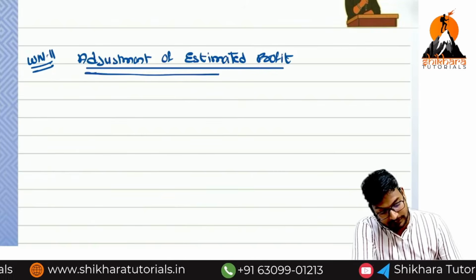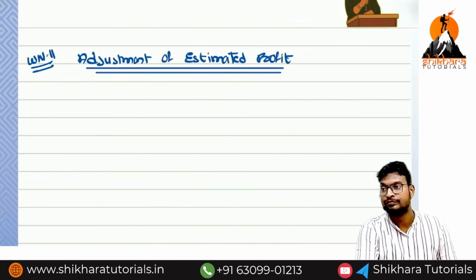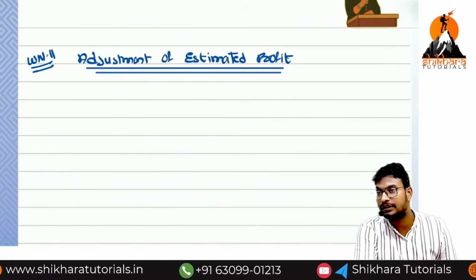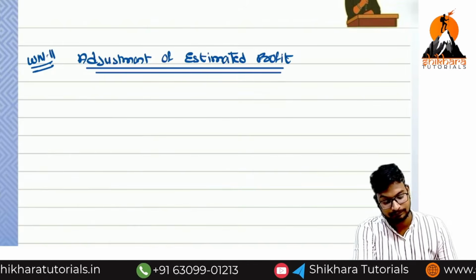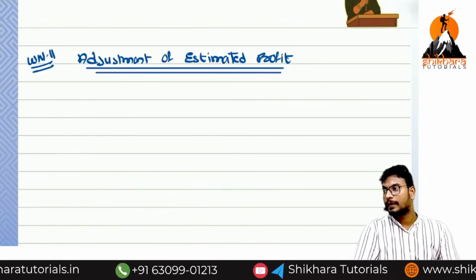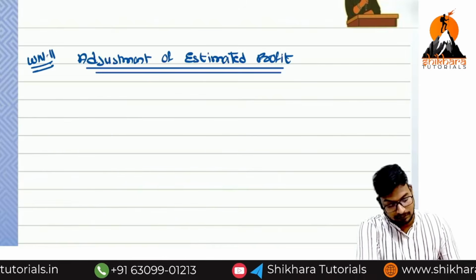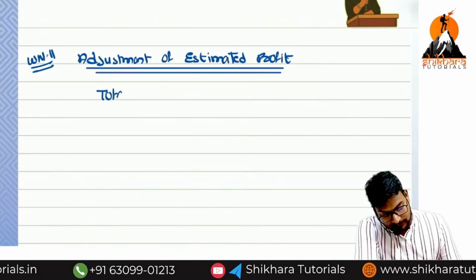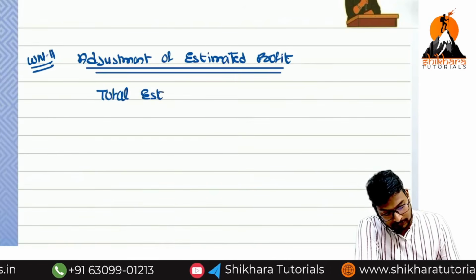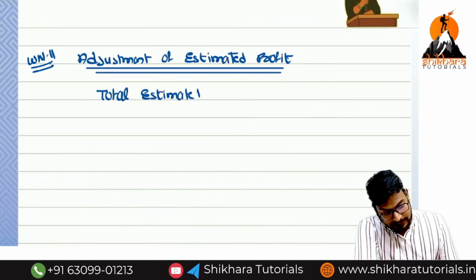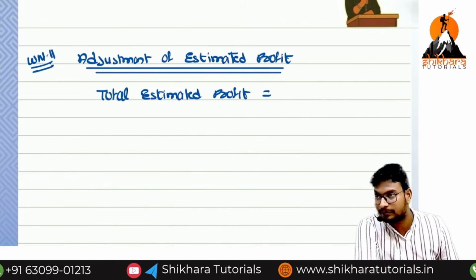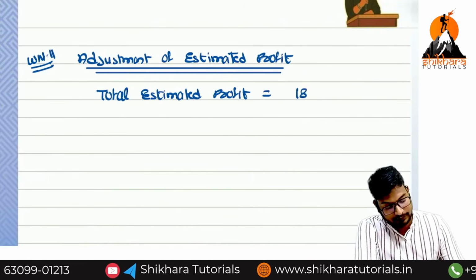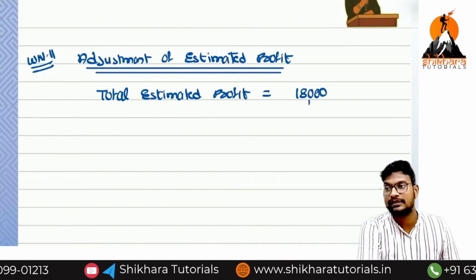How much profit are we going to estimate? 8,000. Total estimated profit is equal to how much? 18,000.